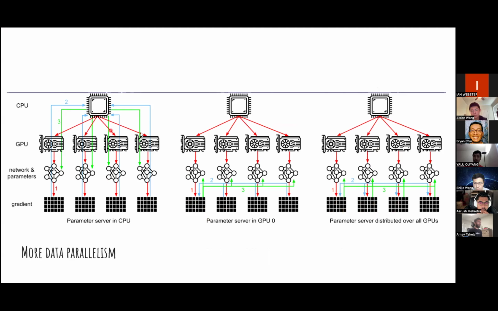The CPU method is the least efficient because you would need to go from the GPU to the CPU 4 times.